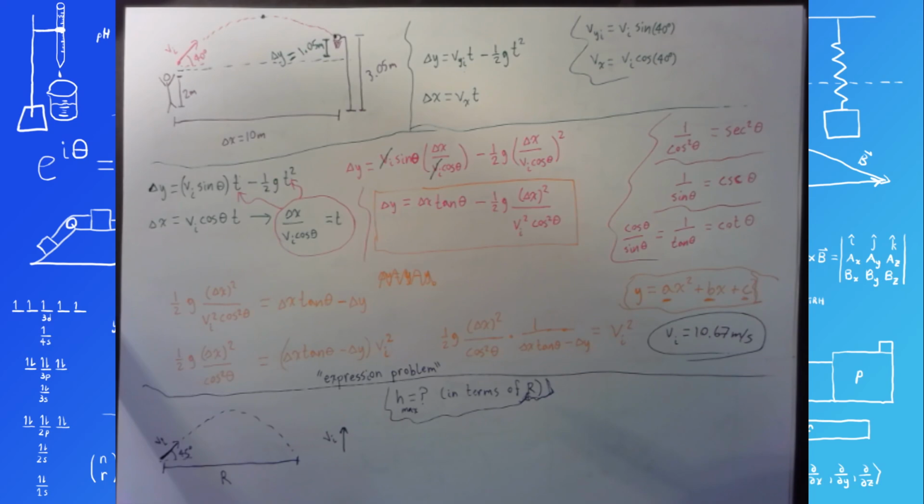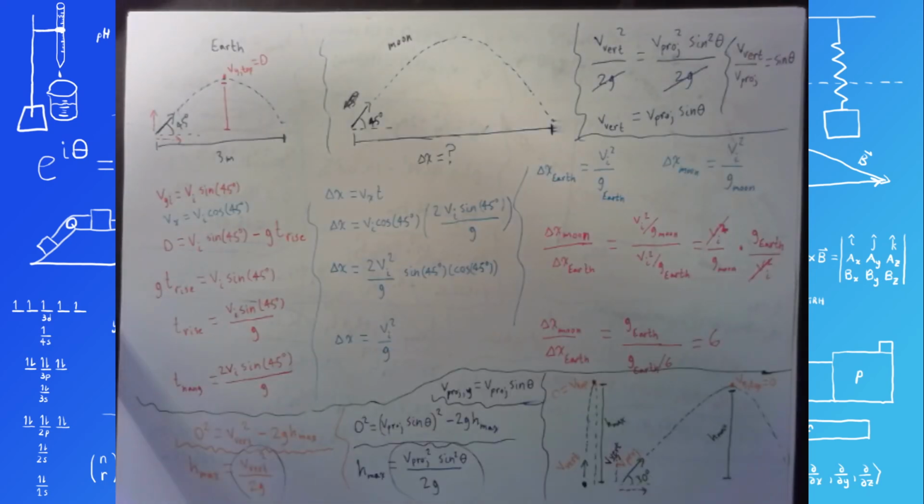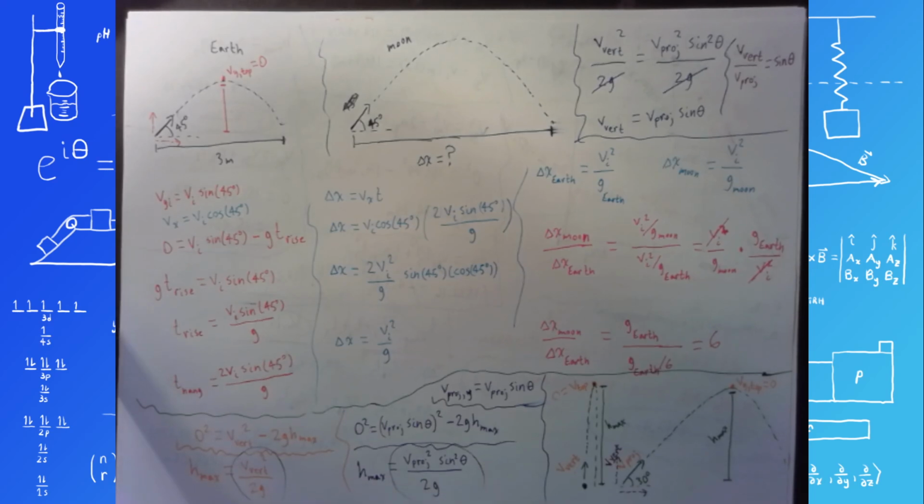So I guess the first thing I want to do is find an expression relating v initial directly to R in the projectile case. We already did this before, actually. In the projectile case, actually, no, we didn't, did we?